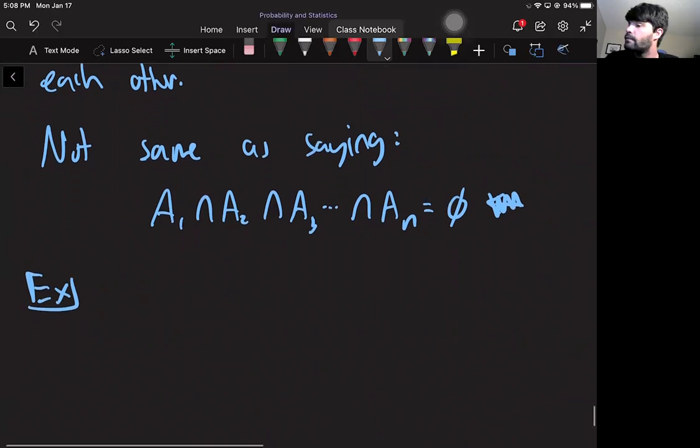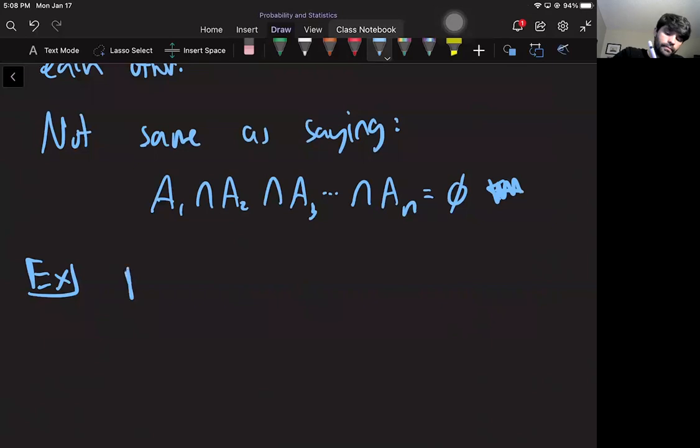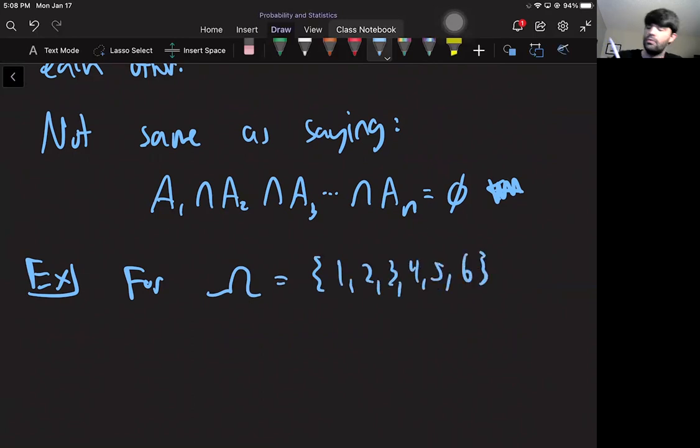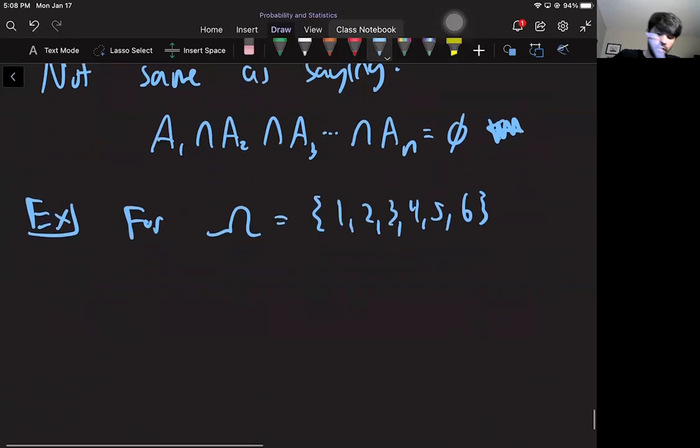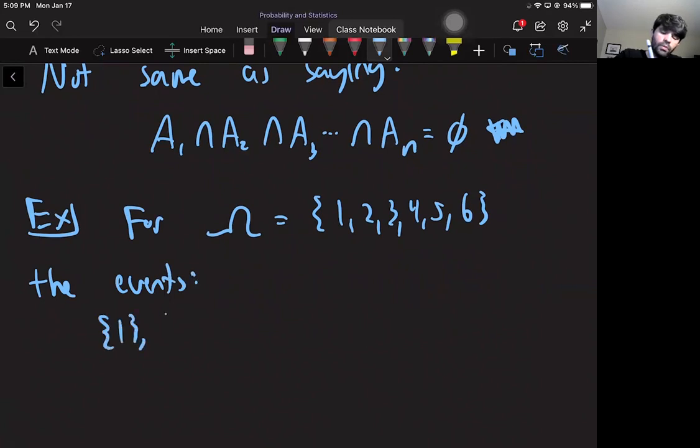All right, so one more example for the experiment of rolling a dice, which will help us learn about probability later. Like I said, take the events where you only have one outcome in each event: the event with a 1, the event with a 2, the event with a 3, a 4, a 5, and a 6.